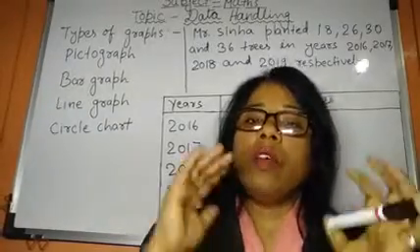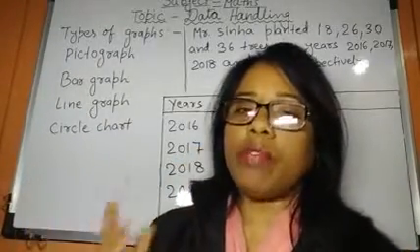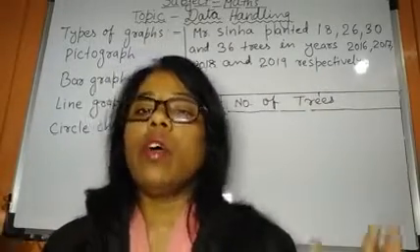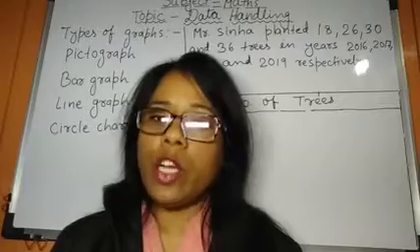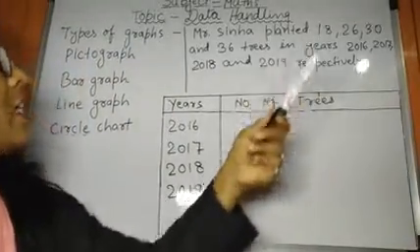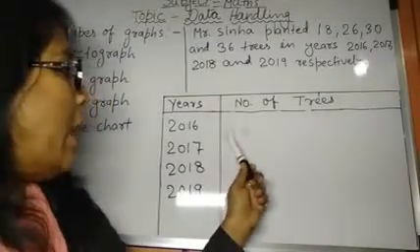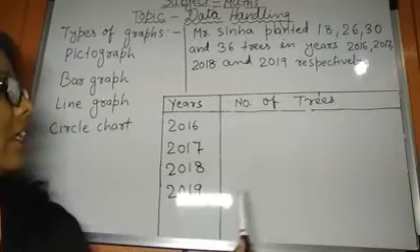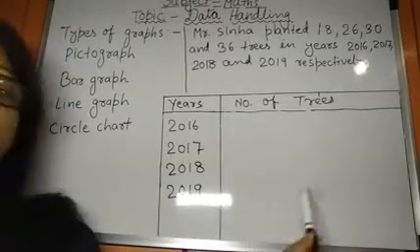Pictograph means you represent in terms of a picture so that people can easily understand which topic you are talking about. Fine. But see, numbers 18, 26, 30, 36 mean I have to make here 18 trees, here 26 trees, here 30 trees, here 36 trees.